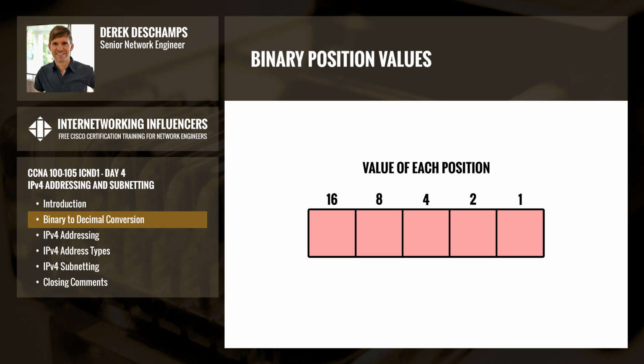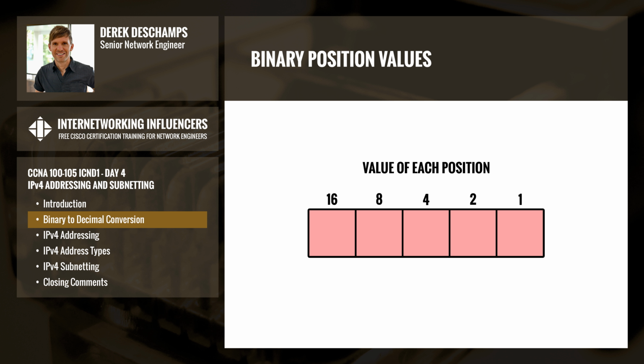The same principles hold true for binary. With decimal, we saw that the value of each position increased by a factor of 10, or 10 times the previous position from right to left. With binary, the value of each position increases by a factor of 2, or twice the previous position from right to left. For example, the first position from the right has a value of 1.